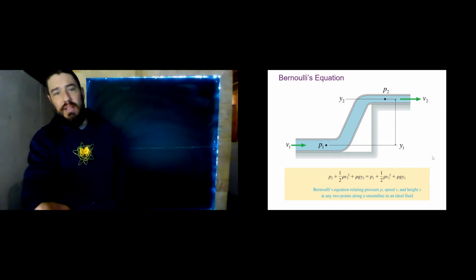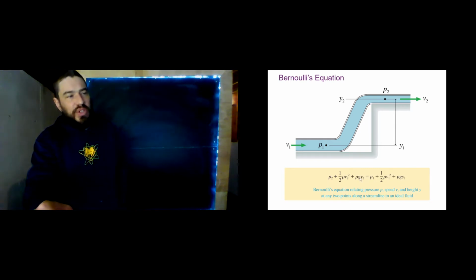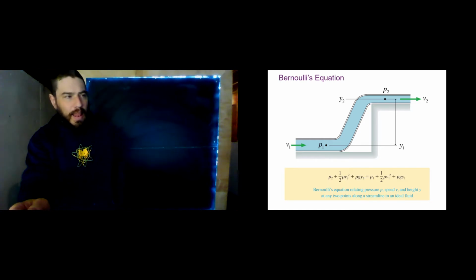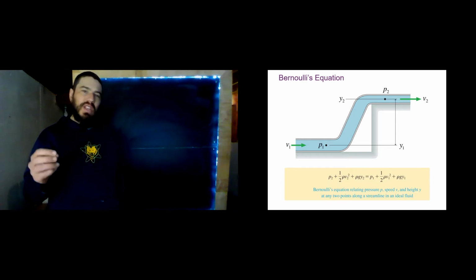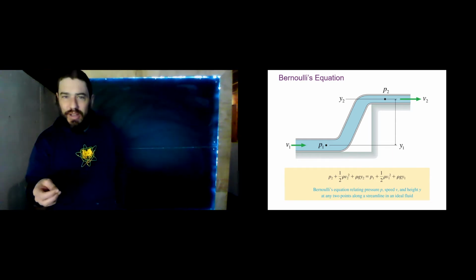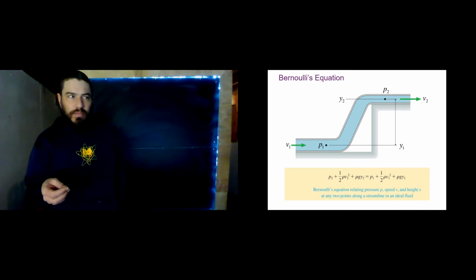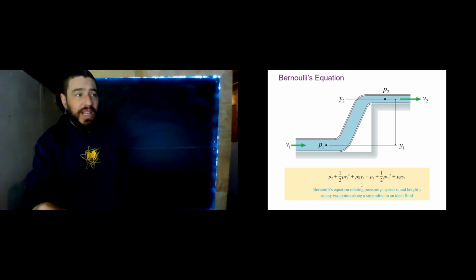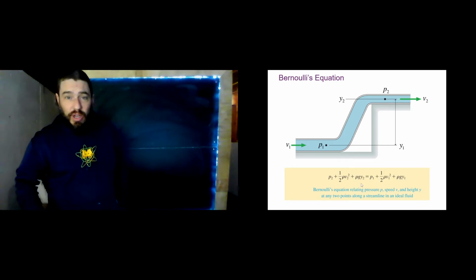One other thing to point out about this equation is these two terms should look familiar to you. 1/2 rho v squared. Gosh, it's reminiscent of something. Well, 1/2 mv squared is, of course, kinetic energy. And rho is simply mass per volume. Okay, so it's very similar to kinetic energy. How about this one? Also very similar to potential energy, isn't it? Gravitational potential energy, recall, is mgy.